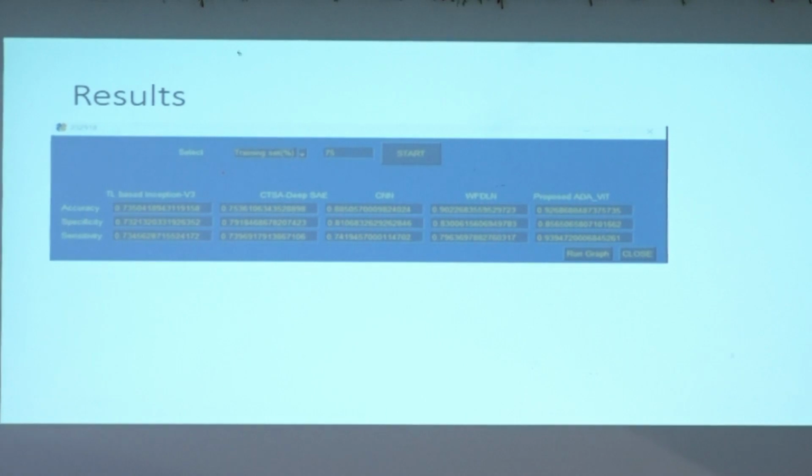These are the results which I have got. I have compared with the deep learning algorithm CNN, and this is the proposed algorithm. If I take the training set as 75%, these are the results I have gotten.